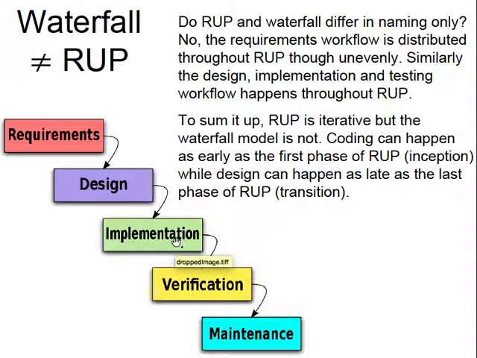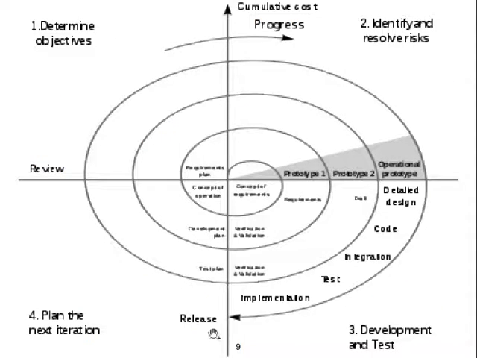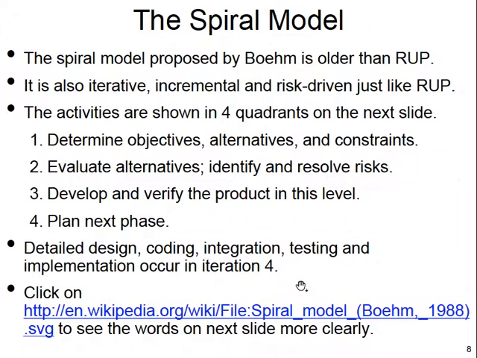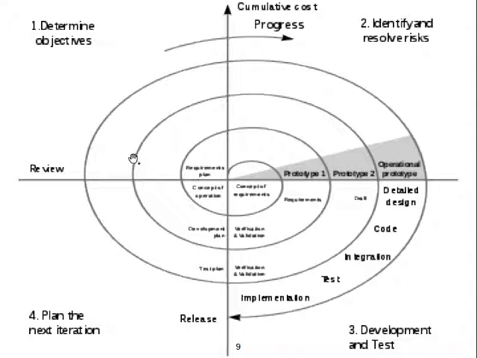So there are small differences when used by different authors, and you have to be aware of the difference. So that is the spiral model and how it affects the development of other things.